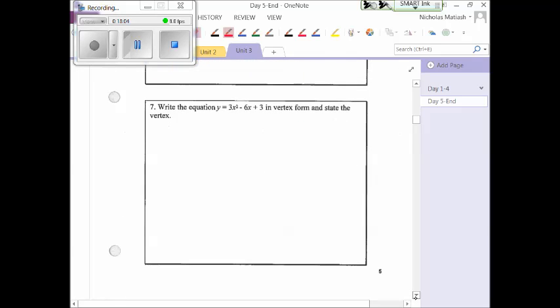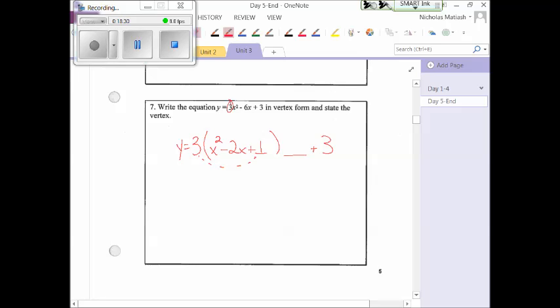Number 7, I want you to write in vertex form and say the vertex. Notice that the number in front of the x squared is not 1, so you have to pull that off of just the first two pieces, so x squared minus 2x, and then plus blank, minus blank, and then plus 3. Towards the end of that, this will be 1.